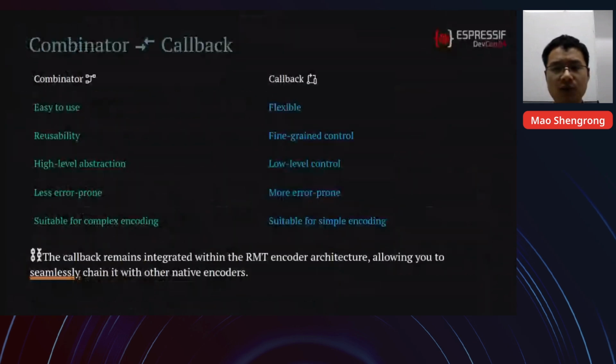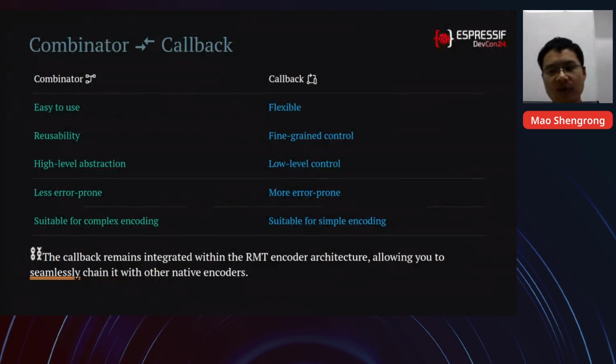How to choose between combinators and callbacks? There are trade-offs between these two programming paradigms. Combinators provide a straightforward way to compose functions. They encourage modular design, allowing you to reuse existing building blocks efficiently.